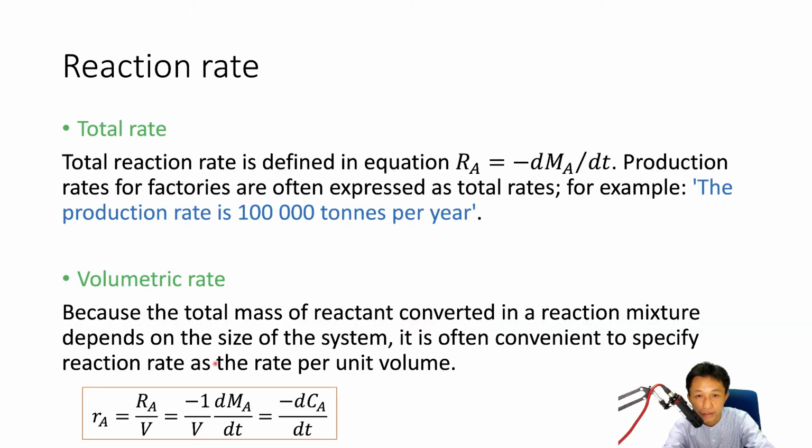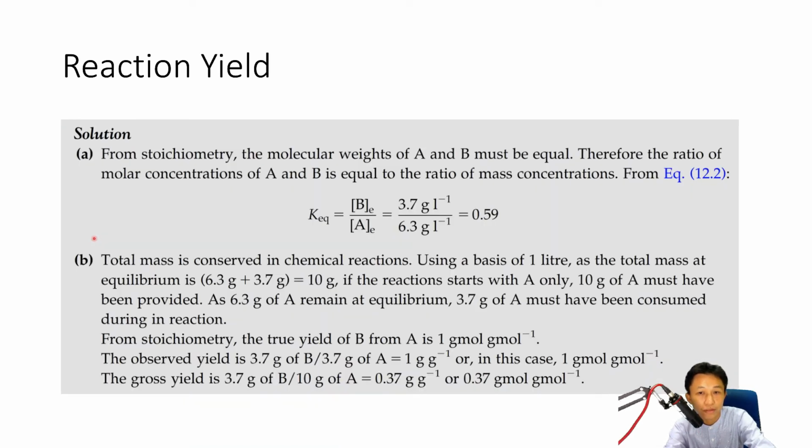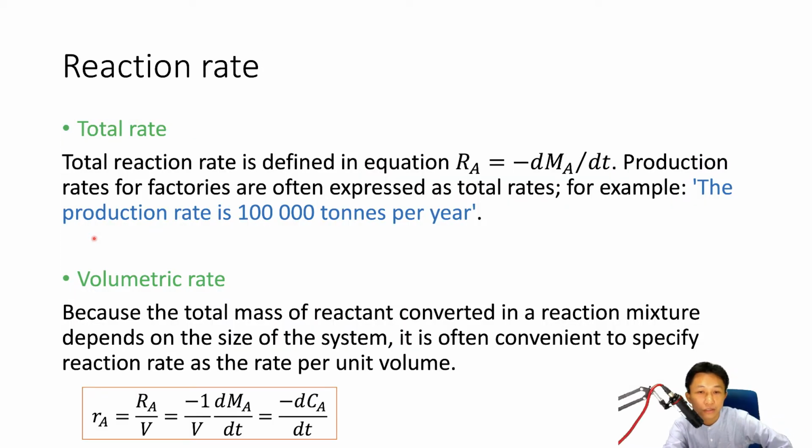We will continue on. We talk about the total rate. Total rate means, for example, the production rate is 100,000 ton per year.